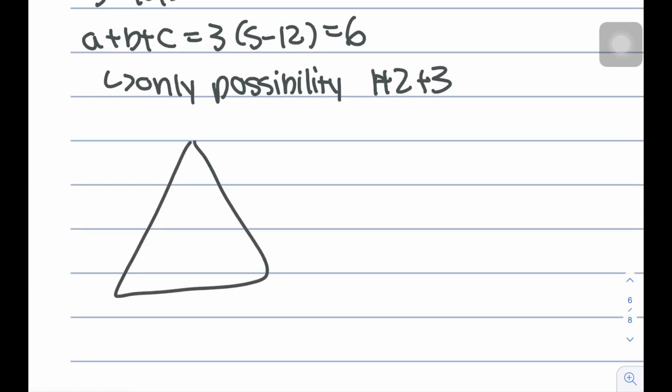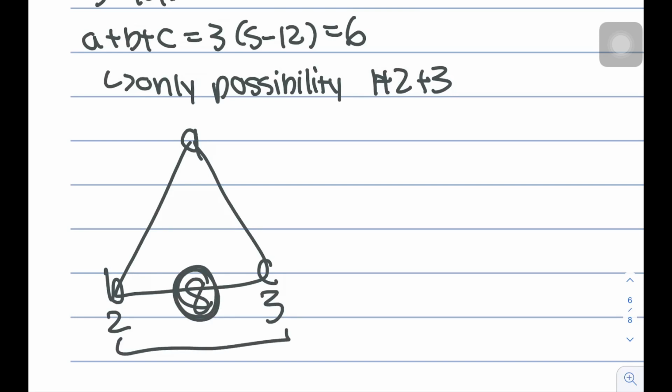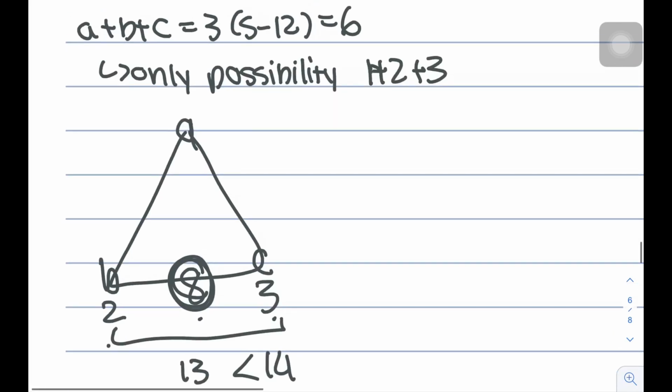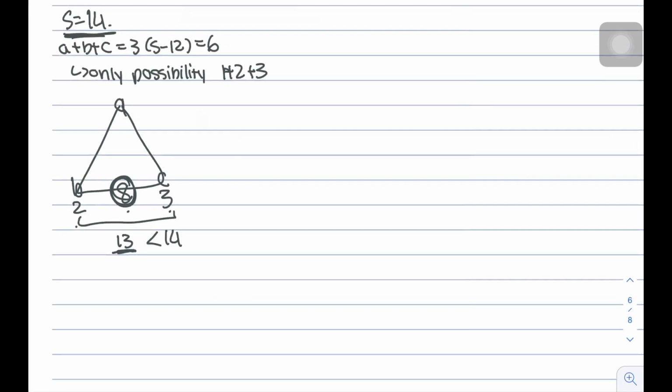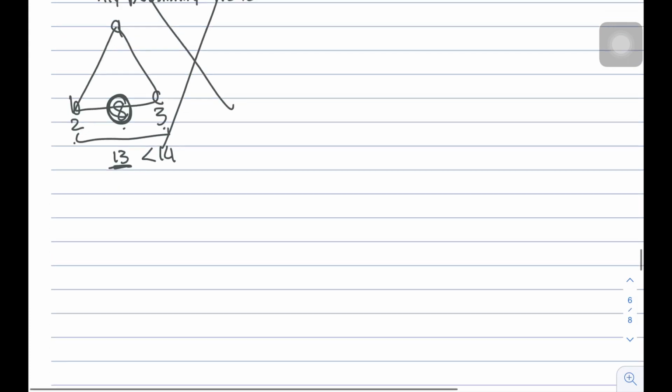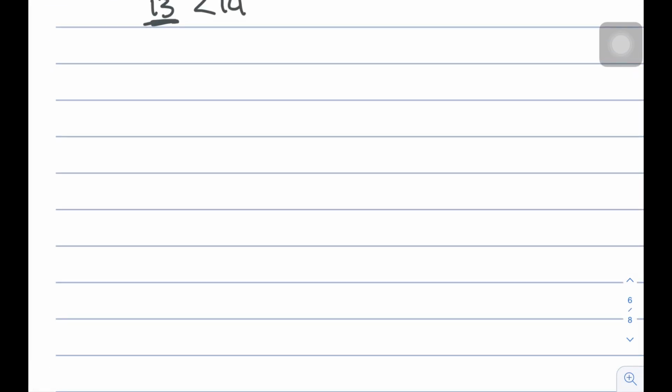And if this is respective, then this is A, B, and C. Then B would be 2 and C would be 3. So the biggest possibility for this number here is 8. But if you look at the sum of this, 2 plus 8 plus 3 is 13, which is smaller than 14. So because S is supposed to be 14 and the largest is 13, it's impossible. So this S cannot be 14.